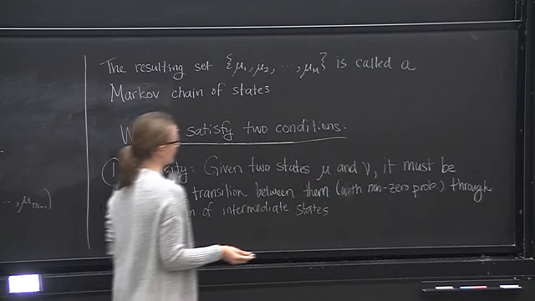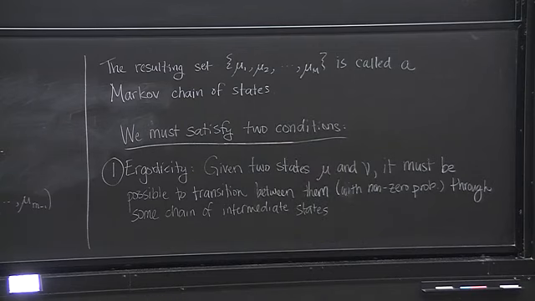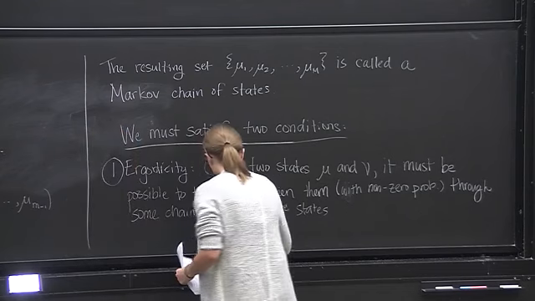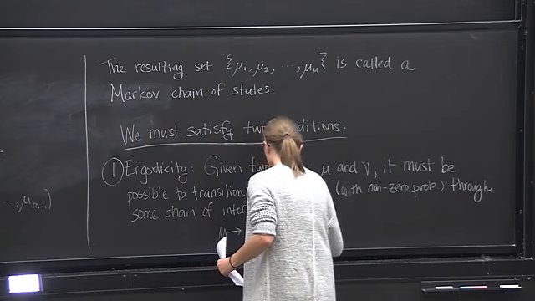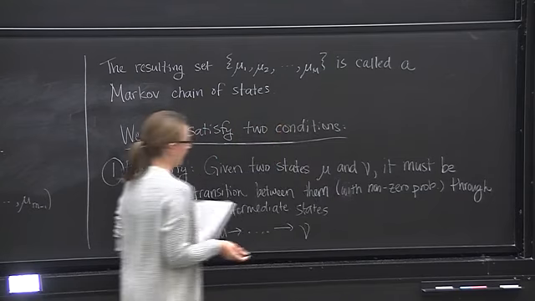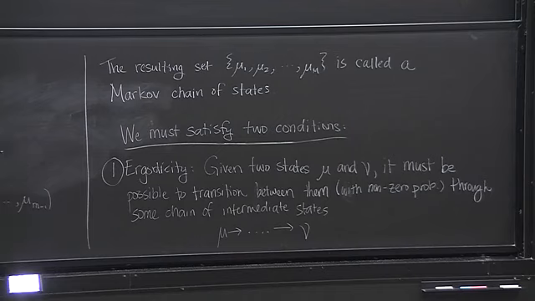Okay, so this doesn't mean that my transition probabilities can't ever be 0 for some pairs. It just means that there has to be a chain of intermediate states so that I could transition from mu and maybe a bunch of states in between, and then eventually get to my state nu.